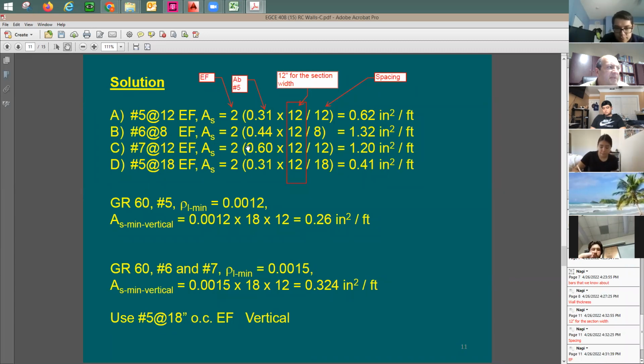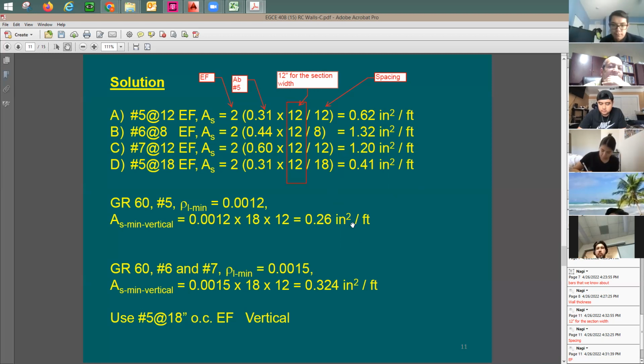Repeat it again for number 7: 2 rebars, 0.6, 12-inch strip width, and 12-inch spacing. Same thing for number 5 at 18. Now, which one's the smallest? This is going to be the smallest. It's going to be the one right above it, 0.62, and then 1.2, and then 1.32. This is going to be my choices in order.